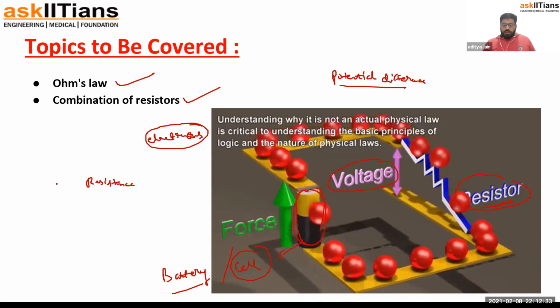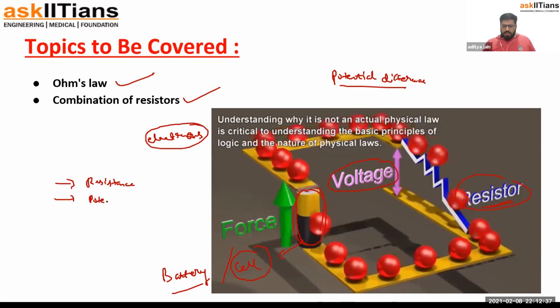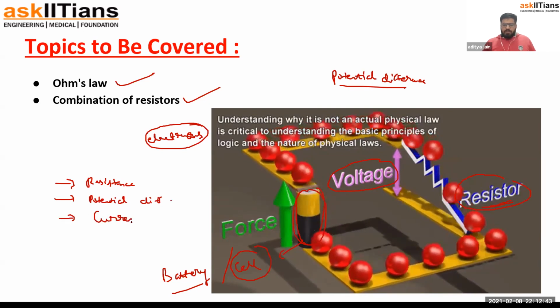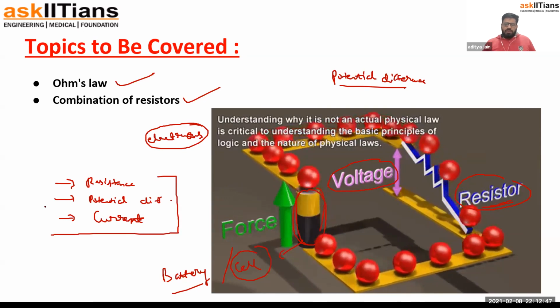Three things are important regarding Ohm's law: resistance, potential difference, and current. With the start of the first topic, Ohm's law, we are going to relate these three physical quantities.